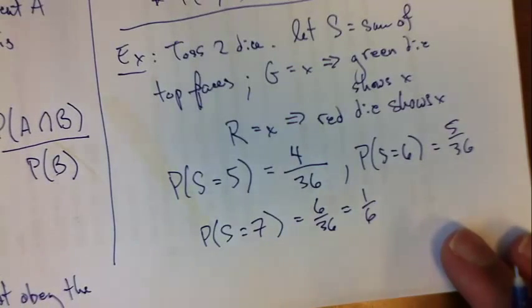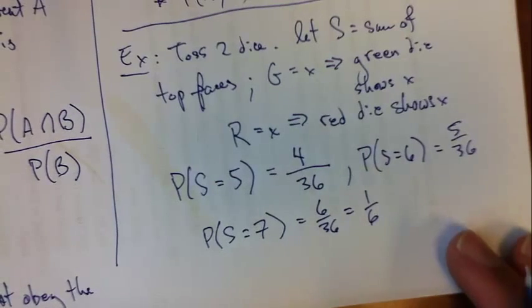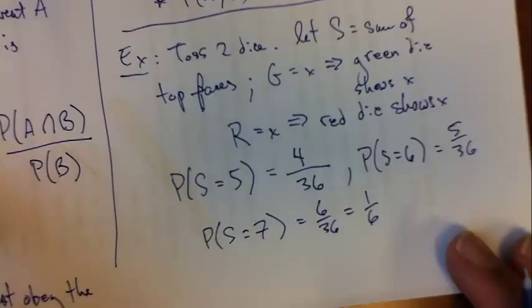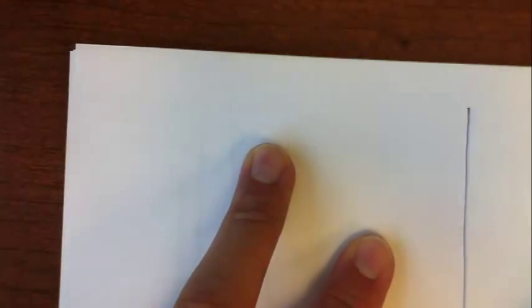Now, what if I come along and I tell you though that, hey, guess what? I've seen the outcome of this, or I'm partially clairvoyant, and I know something about the outcome of this experiment of tossing dice. And I say that, guess what? The green die is a 2. Okay?